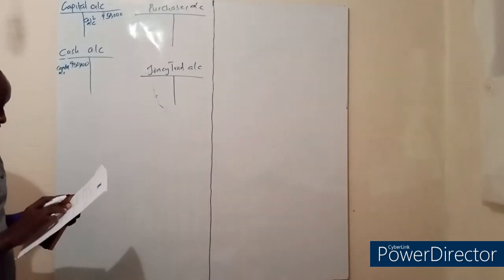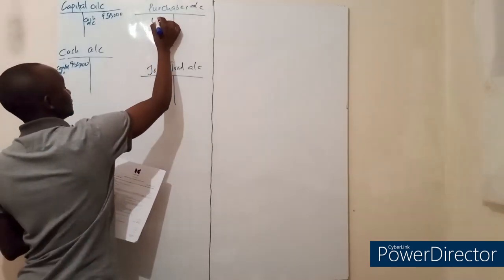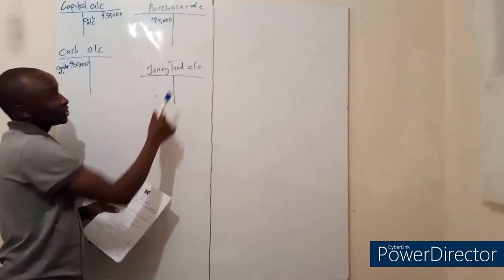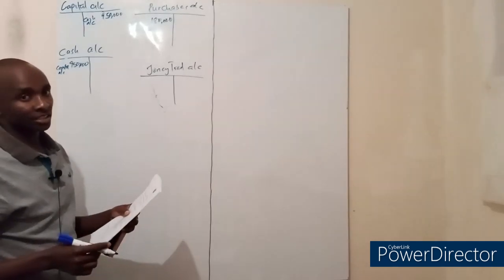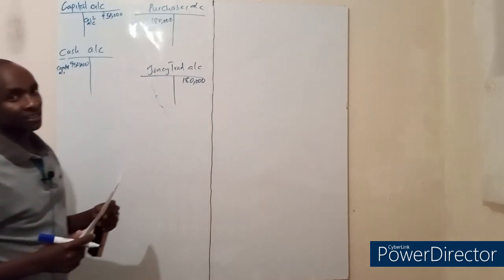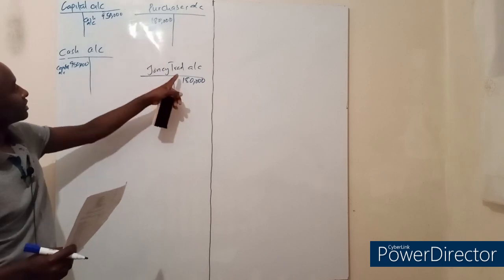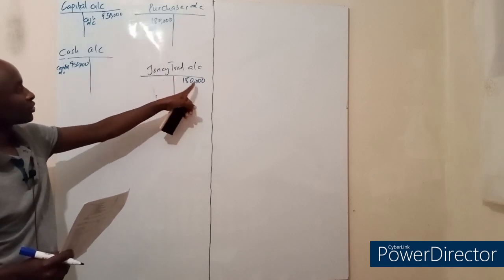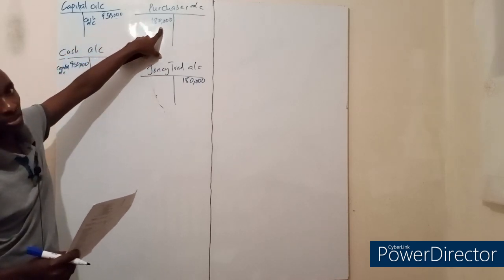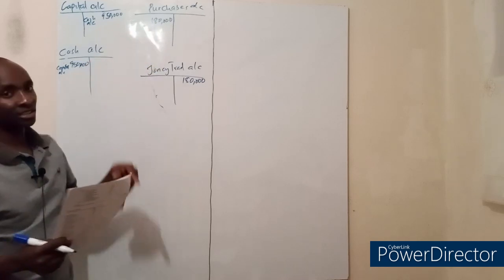So we are increasing our goods account or purchases account by 180,000 Kenya shillings. Since this is the debit side, Johnson will automatically take the credit side, 180,000 Kenya shillings. Are we together? So here you are supposed to write purchases account 180,000, and then here Johnson account 180,000. Are we together? But because of space, allow me not to write that for now.